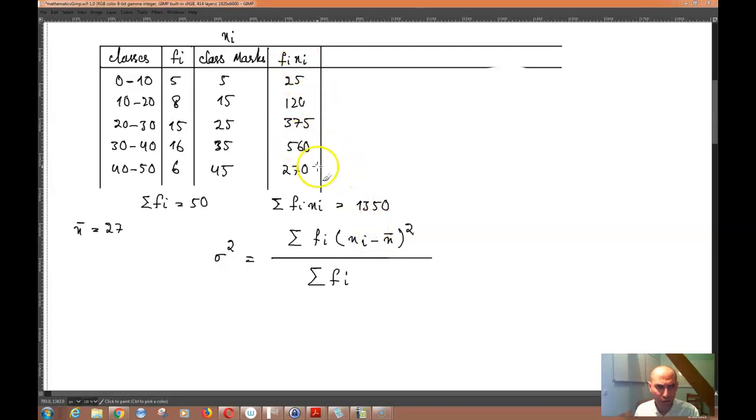you need to calculate your x bar. We have already calculated it. Now x sub i minus x bar whole squared: 5 minus 27 is equal to negative 22, and negative 22 squared is equal to... and again we get into the trouble of calculation, so it's not a good idea really to do this.